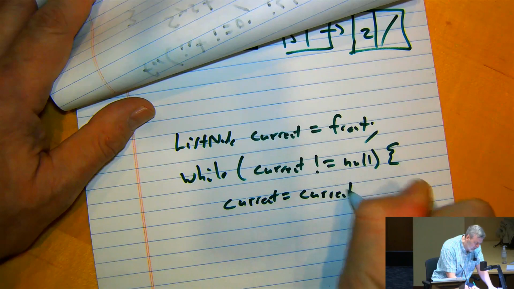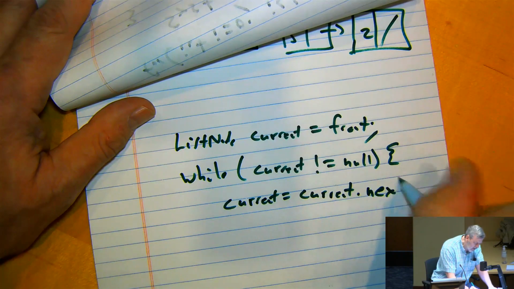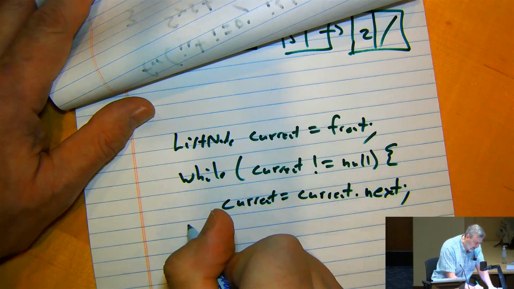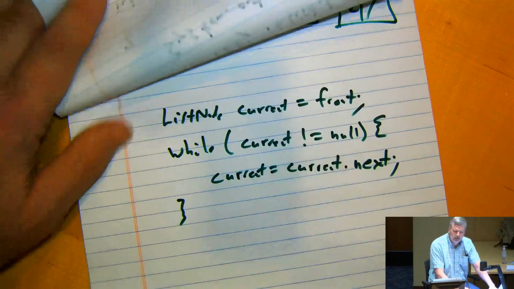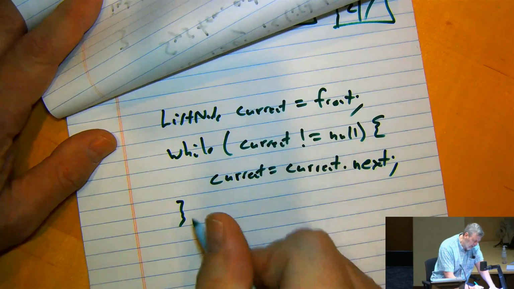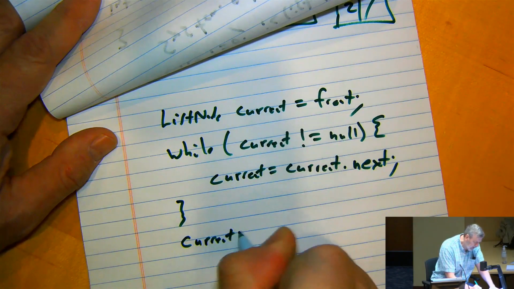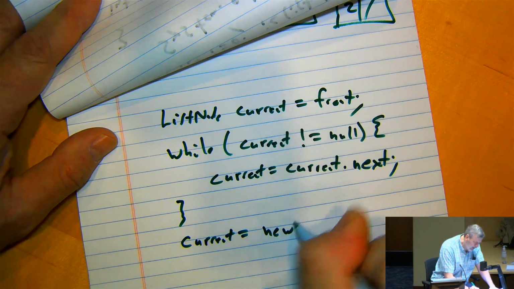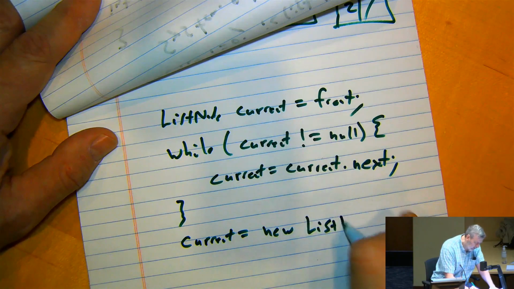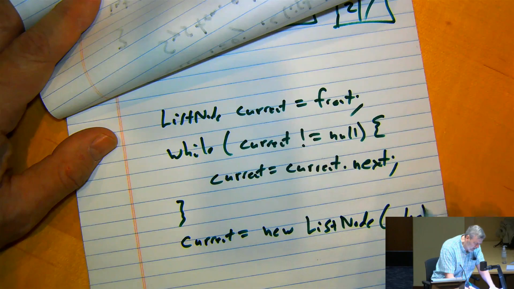We'll move forward in the list until we get to the end. And then what do we want to do? We want to add something to the list. So I'm going to say current is a new list node that has that value in it that we're trying to add.